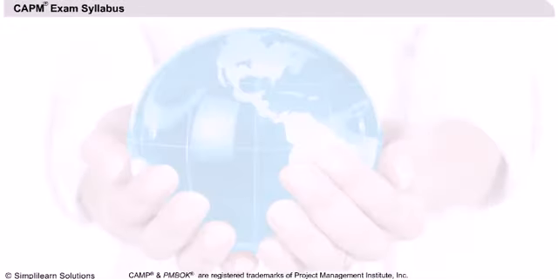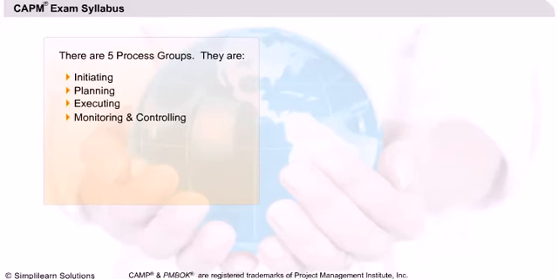There are 3 terms that I would like to introduce here. First, let's see what a process group is. The whole project management discipline is divided into 5 broad process groups. They are project initiation, project planning, project execution, project monitoring and control, and project closing.